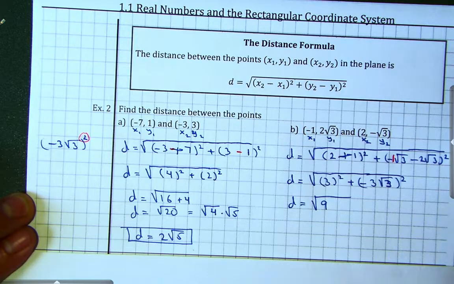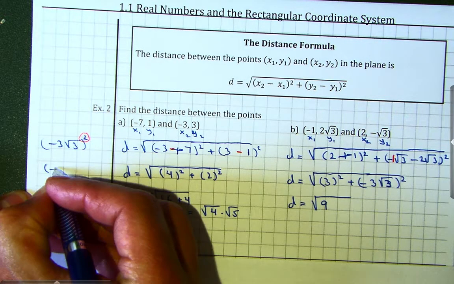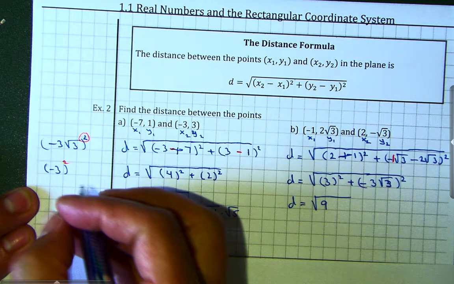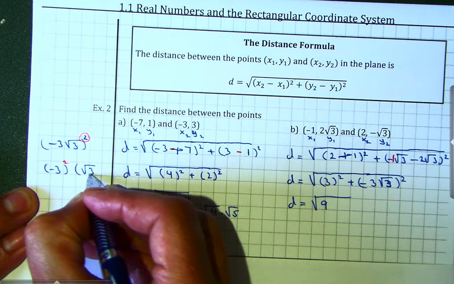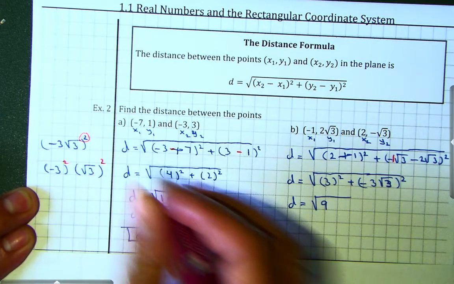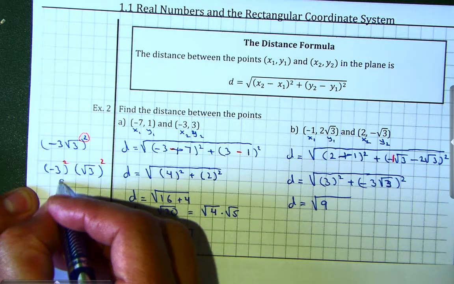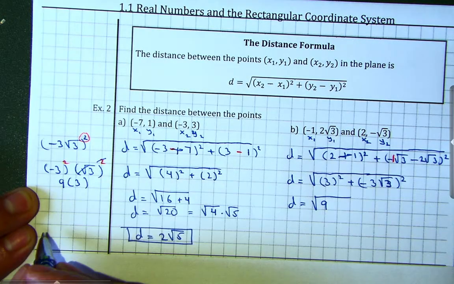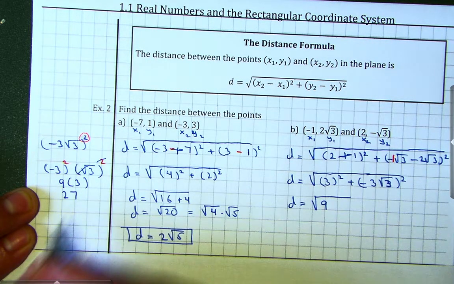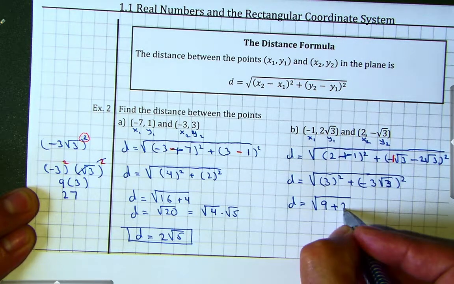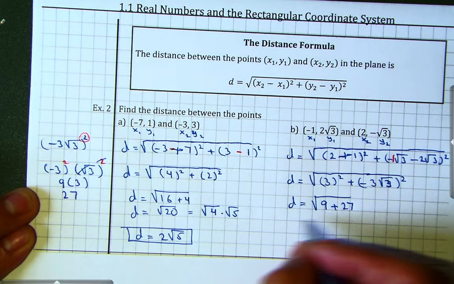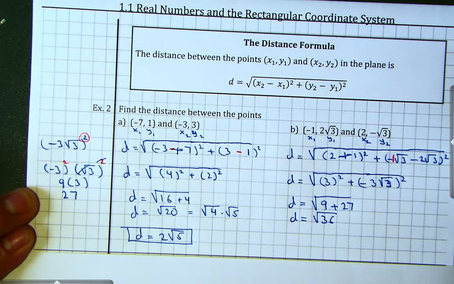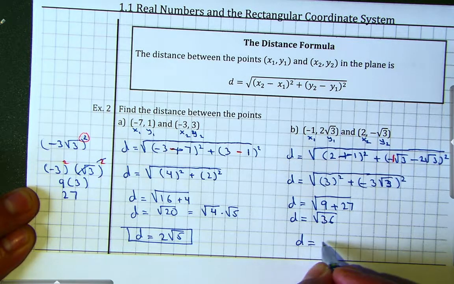So therefore, this is negative 3 squared and square root of 3 squared. Negative 3 squared is 9. The square root and square cancel, so that gives me 3. So therefore, that gives me 27. That'll be plus 27. 9 plus 27 will give me 36. And the square root of 36 is 6.